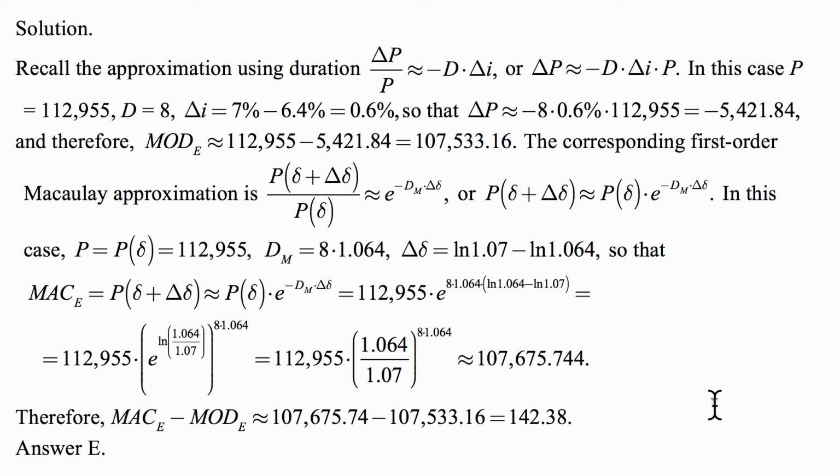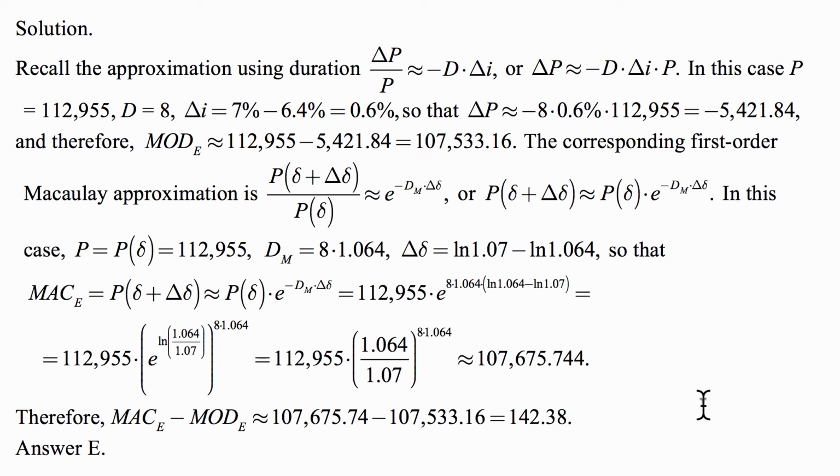Now, one thing I want you to notice here is that there's a minus in front of dm. You don't see it in front of 8 times 1.064, but I changed the order of delta delta. I have it now as ln of 1.064 minus ln of 1.07, where delta delta is ln of 1.07 minus ln of 1.064. So putting a minus in front of it switches the order of the subtraction. That's why you see this.